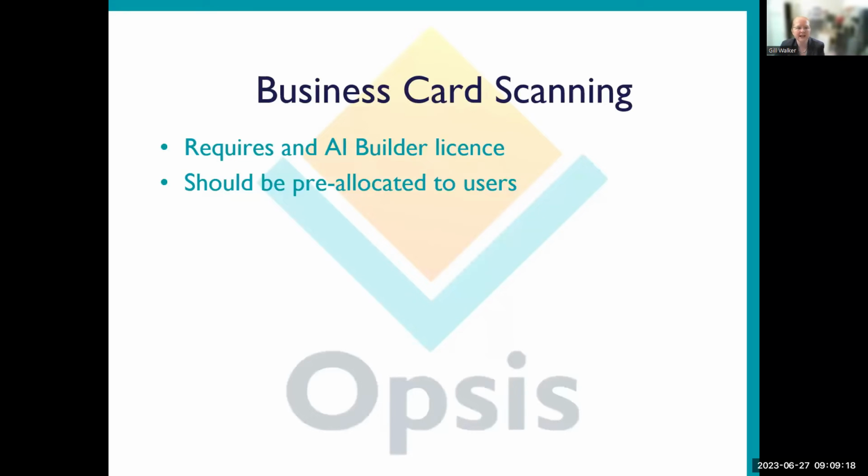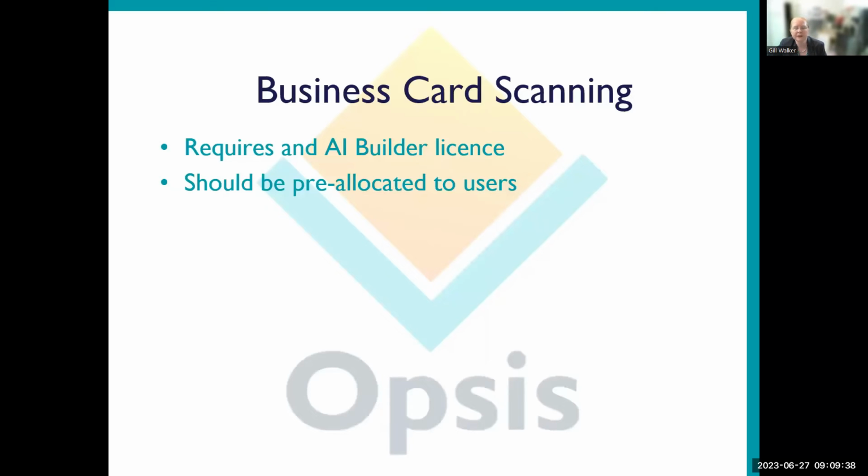It seems that Dynamics have been quite crafty over a lot of the AI functionality, in that, yes, it's there, but it doesn't just go all out to everyone. It does need to be administered and managed.